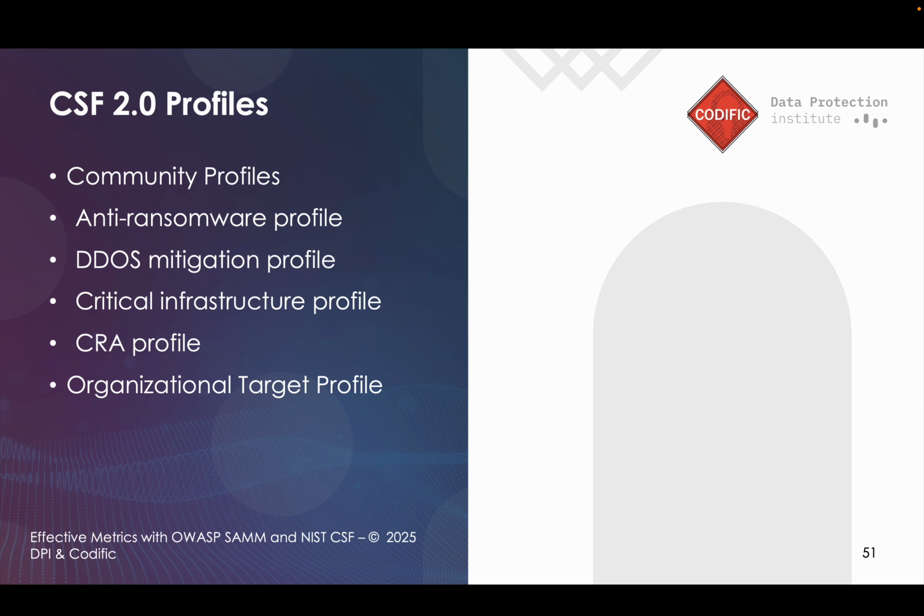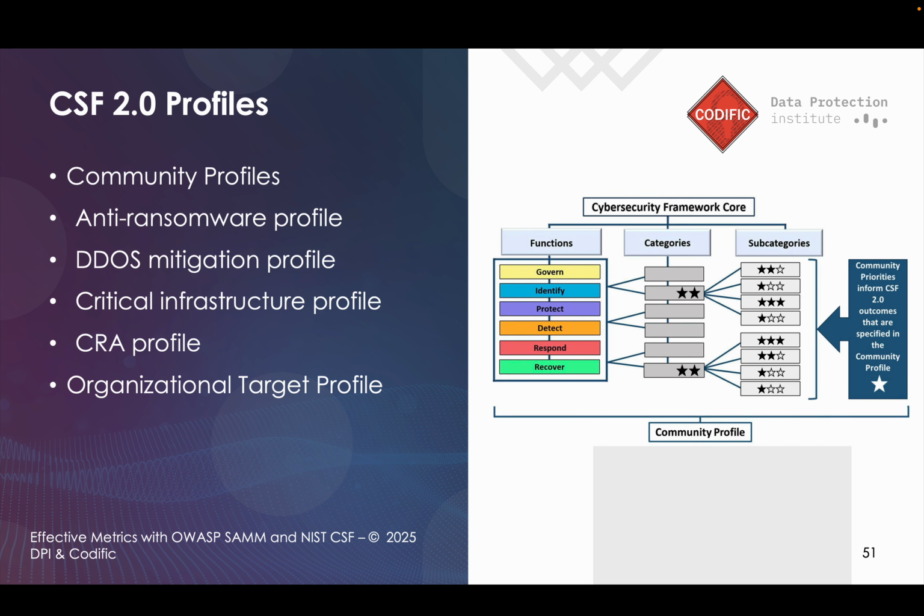CSF has also a concept they call profiles, and it's a really interesting one. It's actually very similar to what target postures are in SAMM. As I've mentioned earlier, how well you implement each CSF outcome should depend on your risk. But let's be honest, I've rarely seen teams that actually know what their risk is with a rigorous analysis.